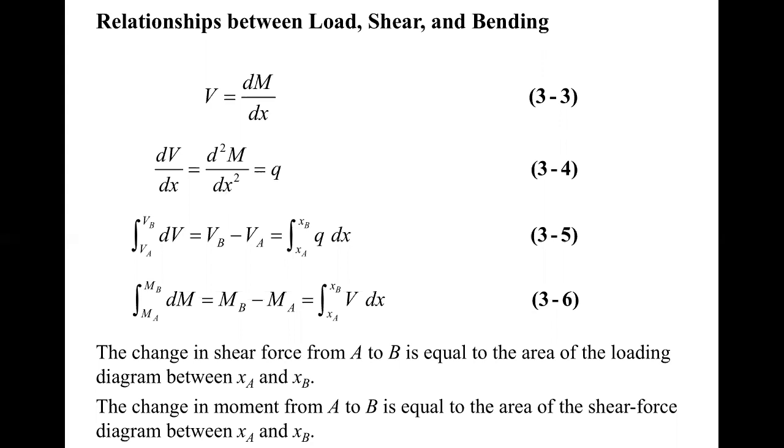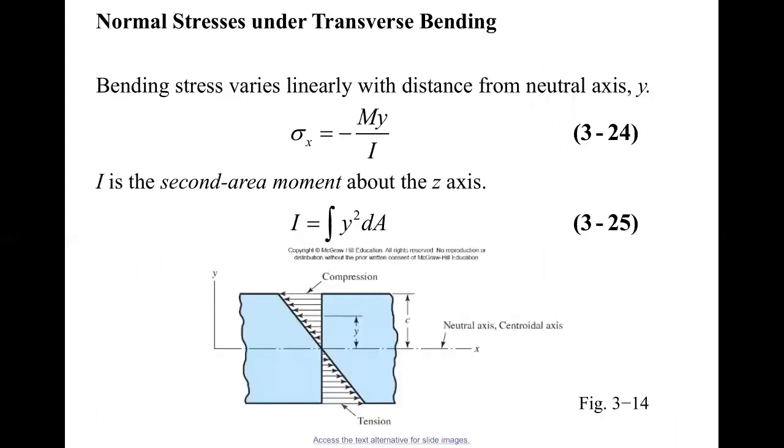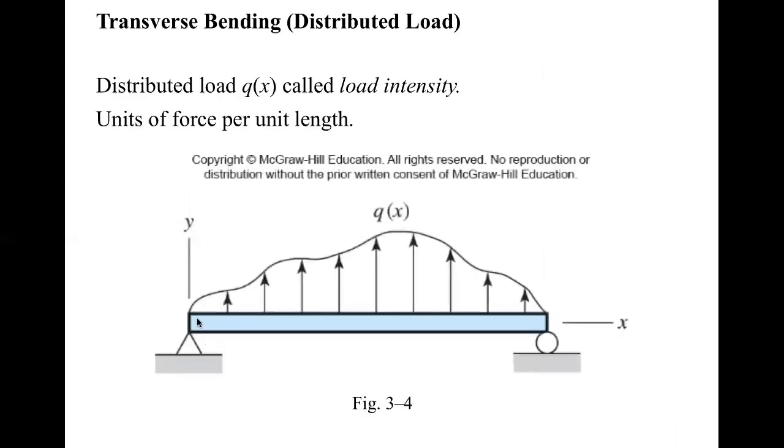For example, in this case, what is the bending moment at this location, and what is the bending moment at this location? At the two ending points, the bending moment is 0.